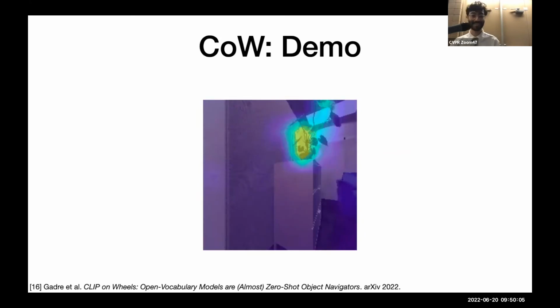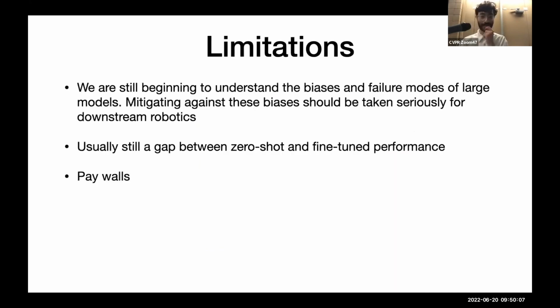So yeah, that's that. I'm a little bit close on time, but I just wanted to say that these are the limitations of using these large models. There are known biases in these models, for example racial biases. And I think we should really be taking them seriously, especially as roboticists and vision folk, and making sure that these biases do not affect our downstream robotics algorithms.